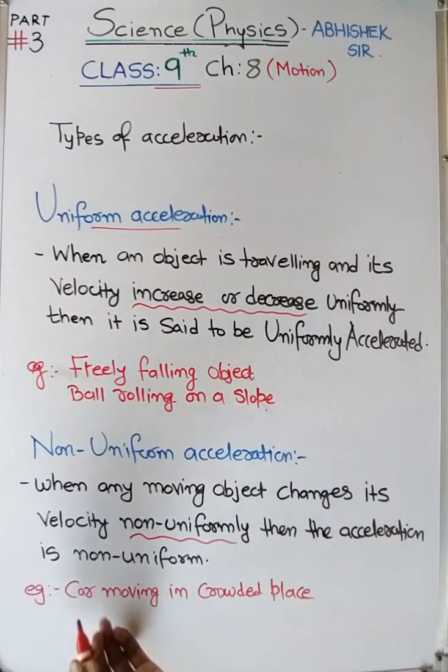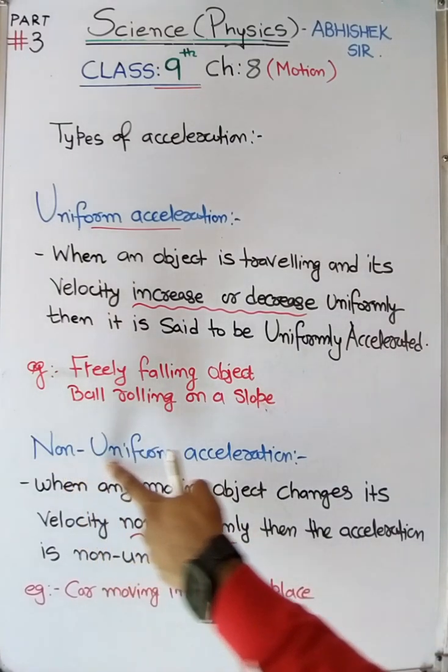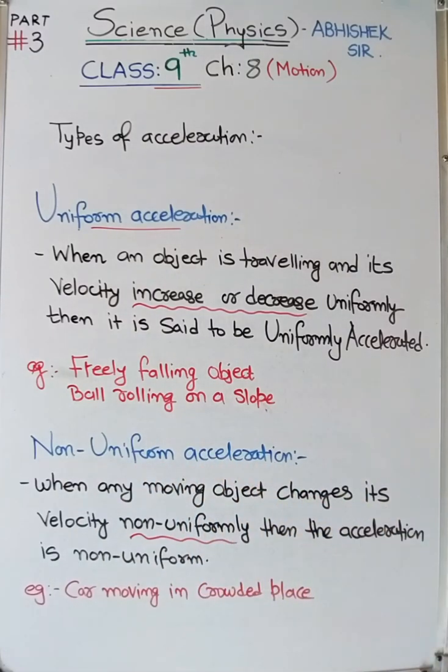For example, if you are moving in a car or any vehicle in a crowded place, the velocity of the vehicle will not increase or decrease properly. Sometimes it will be more, sometimes it will be less. So it is non-uniform. So the acceleration of the car in a crowded place can be called non-uniform acceleration. Clear? So we have discussed types of acceleration and all the theory related to acceleration.